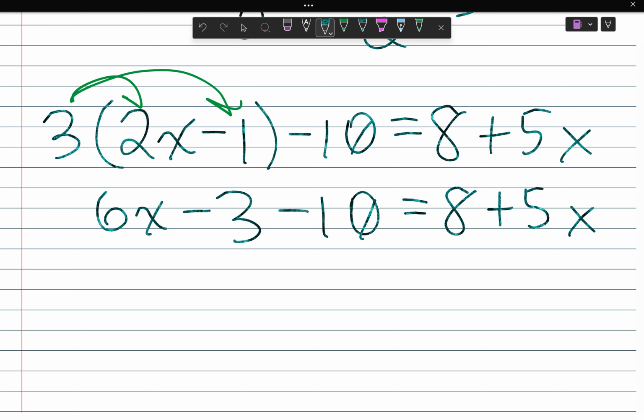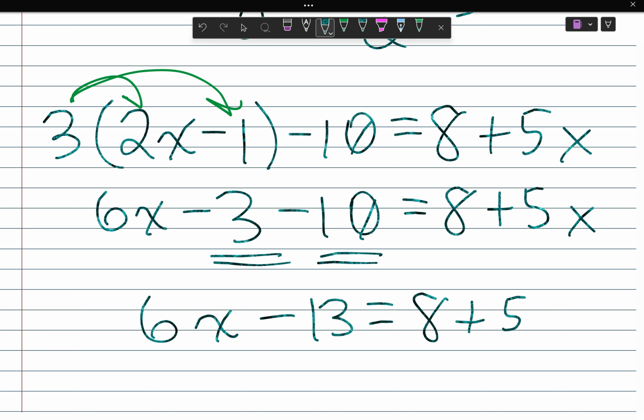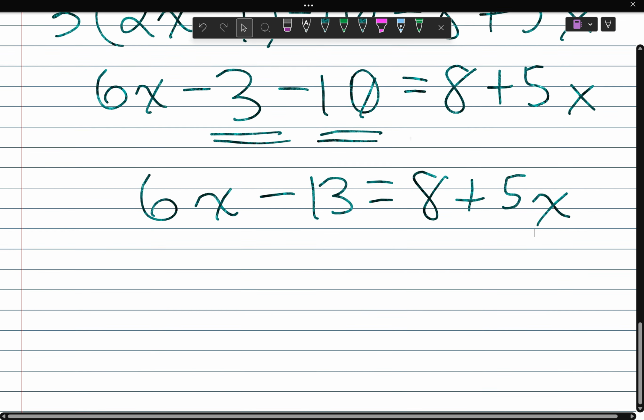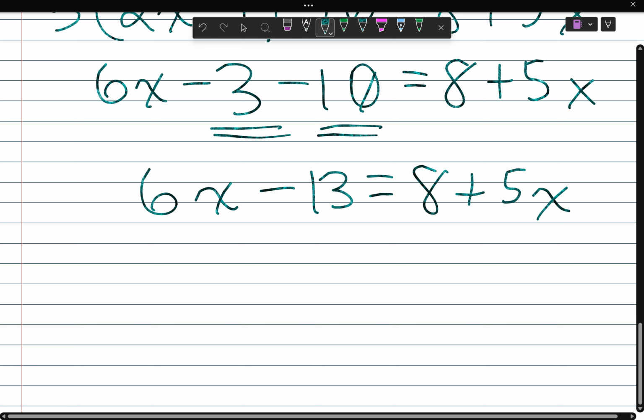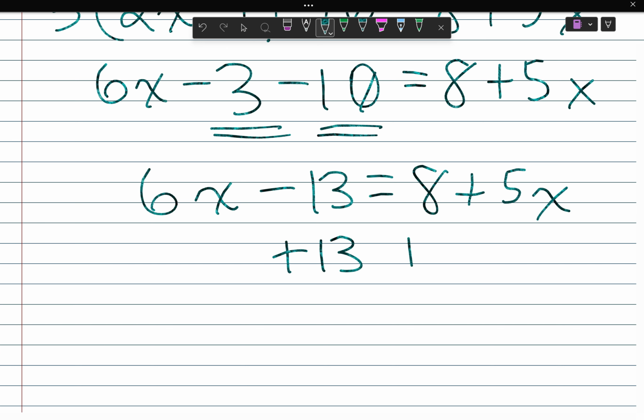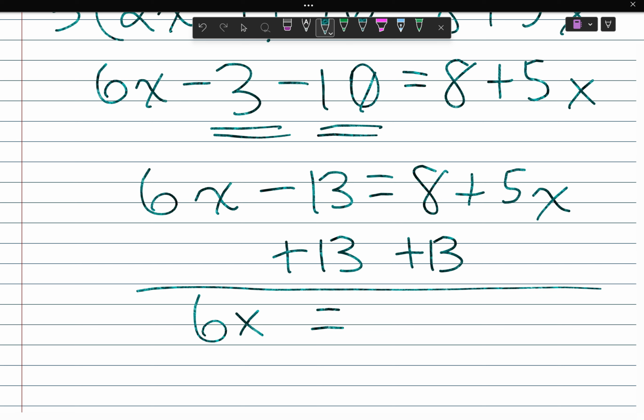Sometimes you may want to clean it up a bit. You see like terms on one side. So 6x, negative 3, and negative 10, you combine these like terms, and then we get 6x minus 13 equals 8 plus 5x. Now we start to solve using the properties of equality after we've distributed and combined like terms. So now we want to get the x's on one side, numbers on the other, so we add 13 to both sides. 6x is equal to 8 plus 13, which is 21, plus 5x.